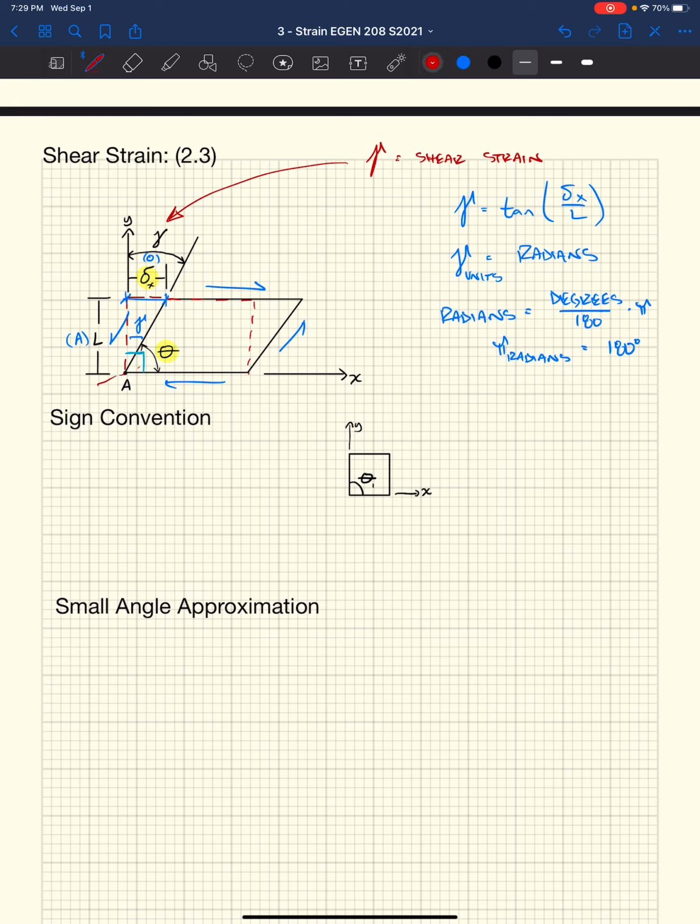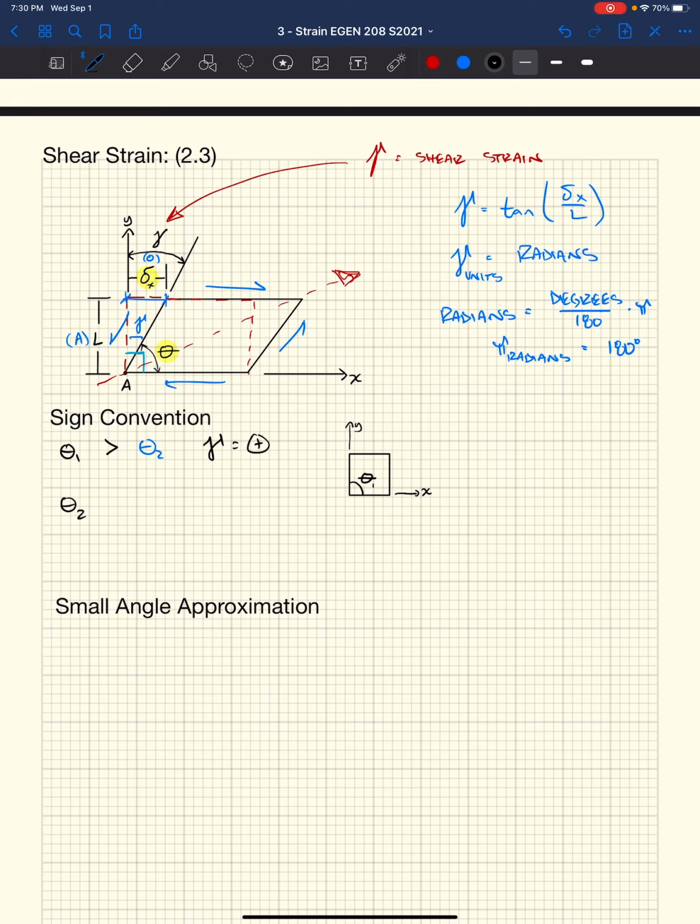As I mentioned, this is our resultant force on our cube. That initial red cube is up and to the right, our positive shear strain. So what is our sign convention here? Well, if theta 1 is our original angle, our inside angle of our square, as we can see here, if theta 1 is greater than theta 2, our shear strain is positive.